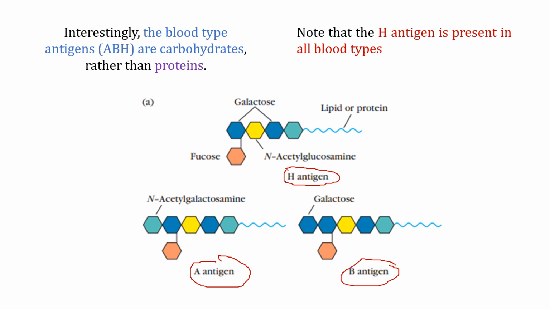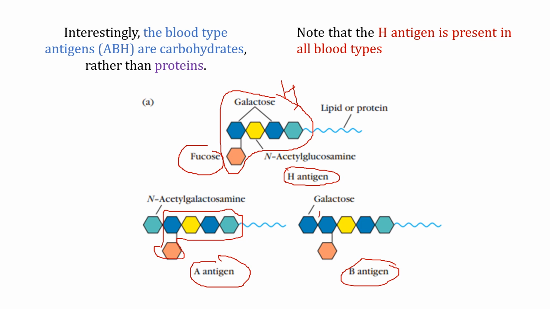In this experiment, it was discovered that the blood type antigens are carbohydrates rather than proteins. Here is the H antigen structure, which is present in all blood types, and here is also the H antigen structure in all blood groups.